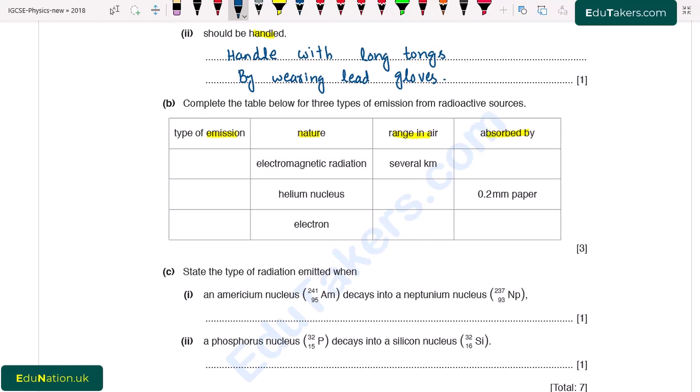So first of all, here is alpha radiation. Alpha radiations are helium nuclei and it is positively charged. I write here it is helium nuclei with atomic number 2 and mass number 4. Second one is beta radiation.